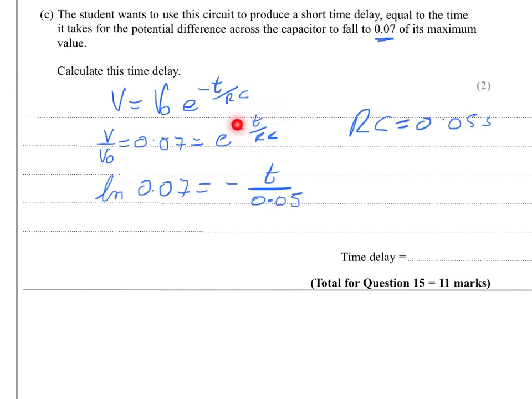So if we take the natural log of E to this, then we're just left with this, and we substitute what RC is equal to in that fraction. So the natural log of 0.07 is minus 2.66, and we just bring the minus 0.05 across and find the product of those two. And I'm making that 0.132 of a second.